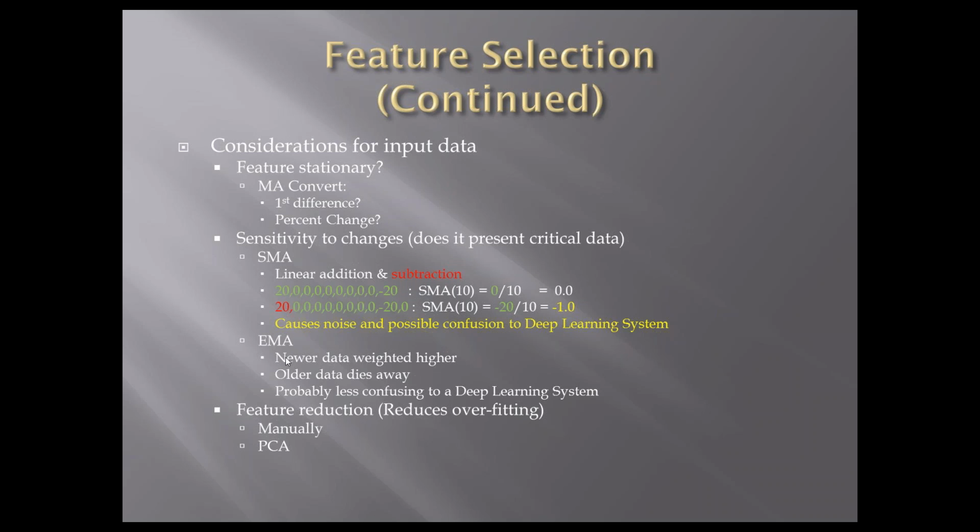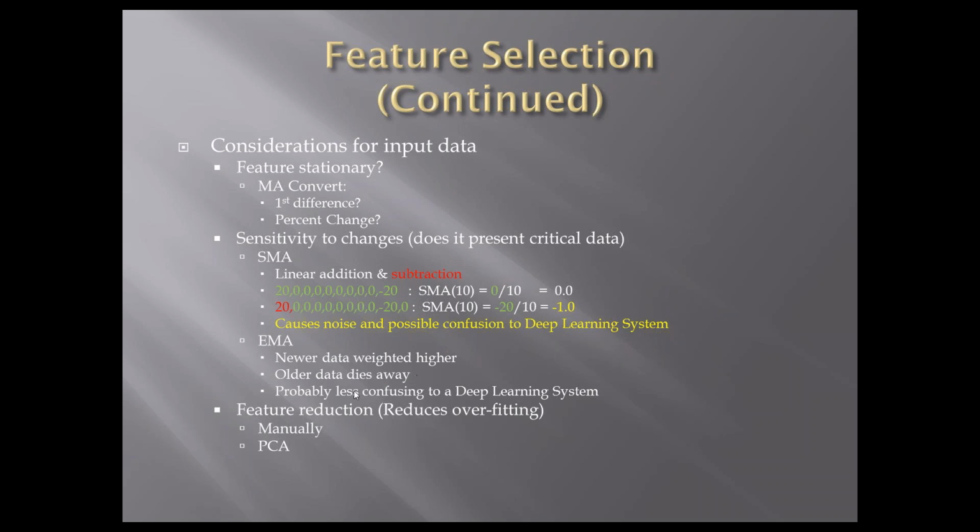So the answer here is ultimately to use more of an EMA type of thing. What this does is it weights newer data higher than older data. The old data tends to just die away with time, whereas new data, I think for a 10-point EMA, is around 18%, as opposed to the SMA, where it's a 10% addition.